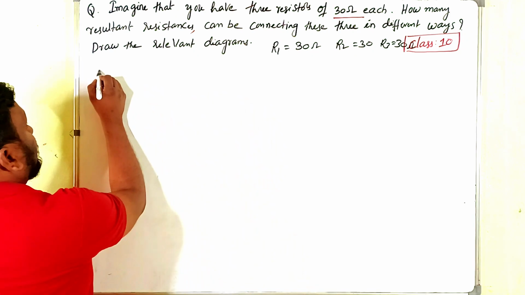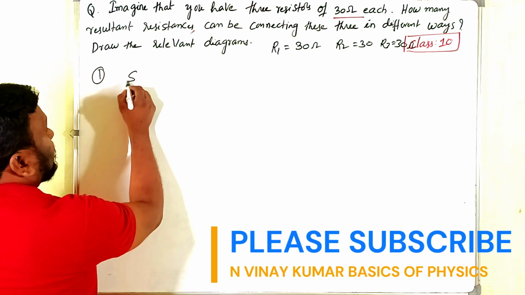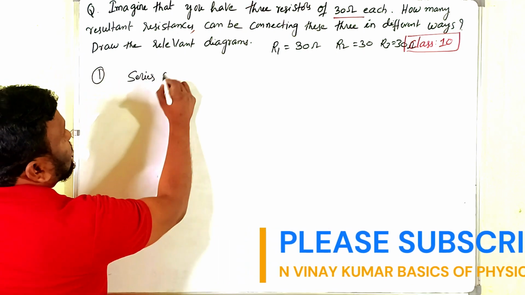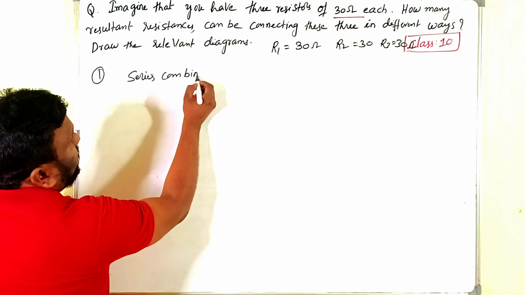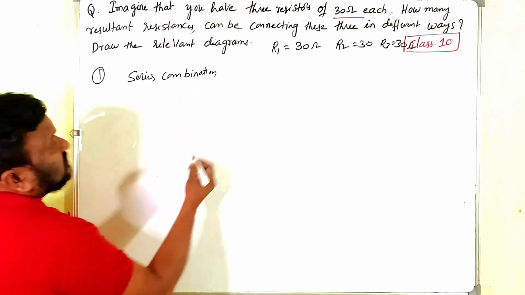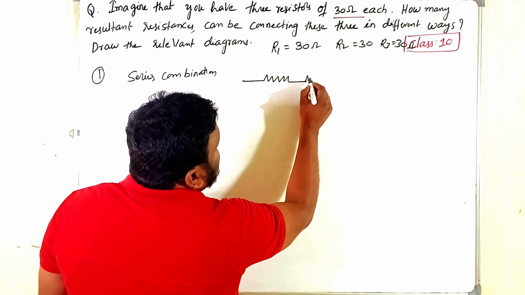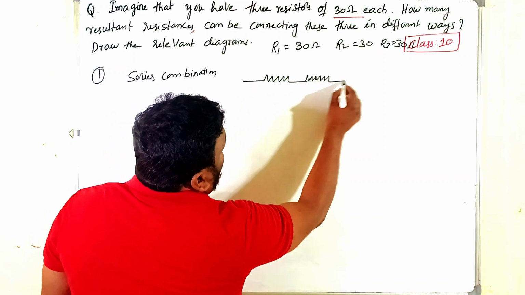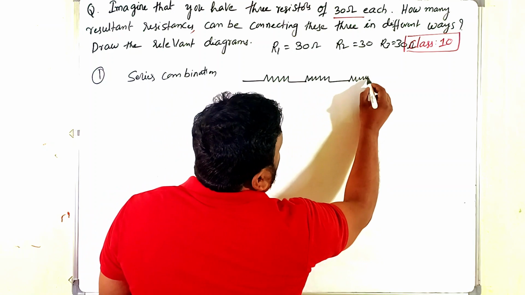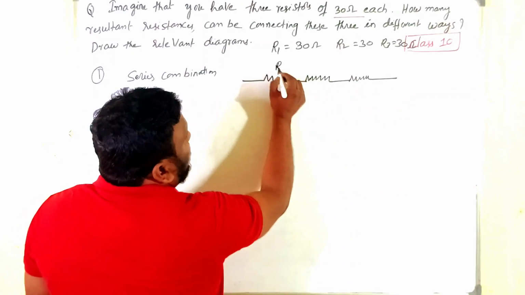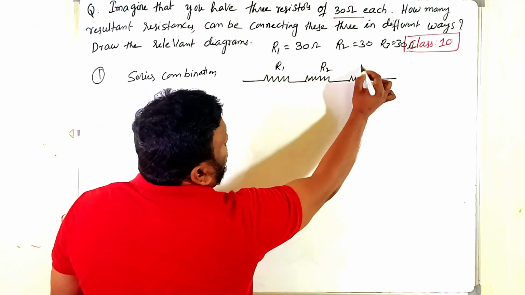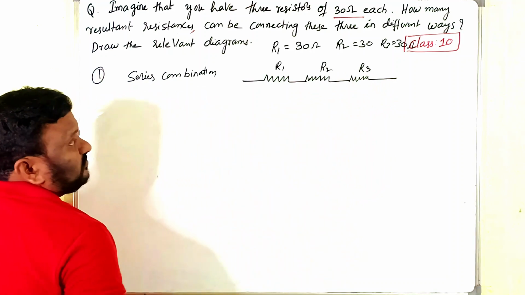The first thing is, I am going to connect all of them in series combination. For this, the diagram should be like this. This is R1, this is R2 and this is R3. R1, R2 and R3. Clear?